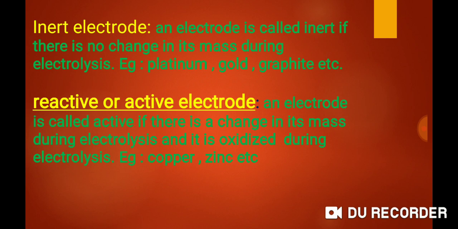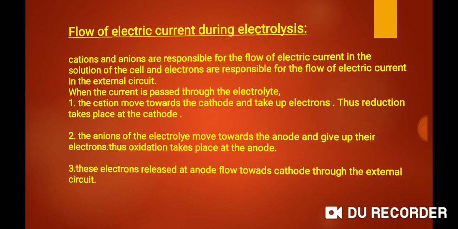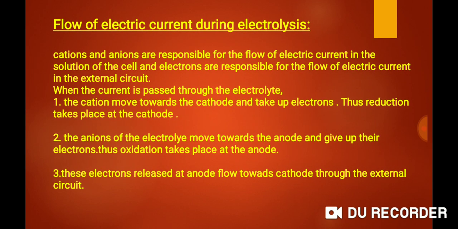We have a few inert electrodes like platinum, gold, graphite, etc. Reactive or active electrodes are those electrodes which lose their mass, or whose mass changes during electrolysis, and they are oxidized during electrolysis. For example, we have copper, zinc, etc.